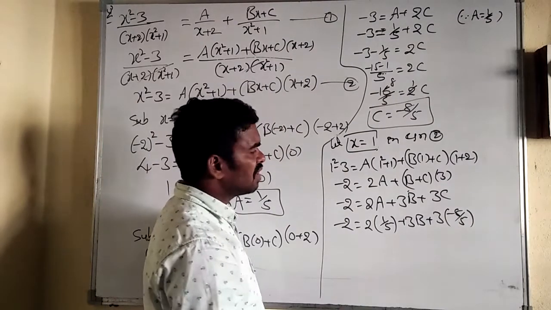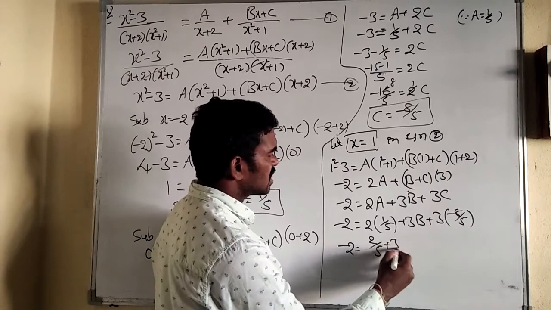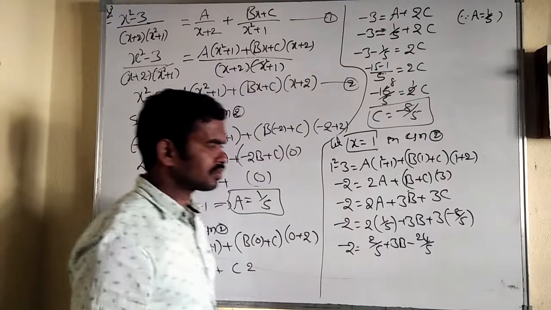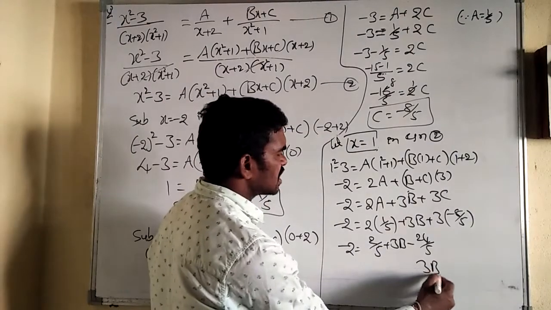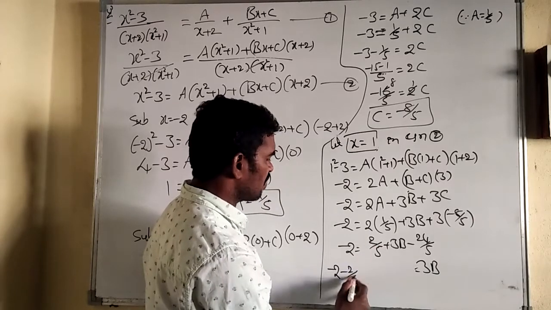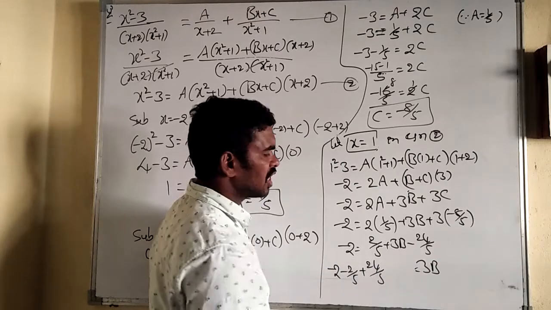Simplify it, we can get b value. So minus 2 is equal to 2 by 5 plus 3b, 3 into 8 by 5 is 24 by 5. Okay, 3b keep it as it is. Remaining all send left side. Minus 2 already there. Minus 2 by 5, plus 24 by 5 is equal to 3b.